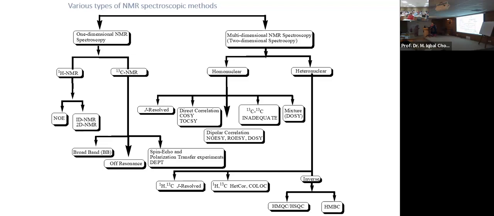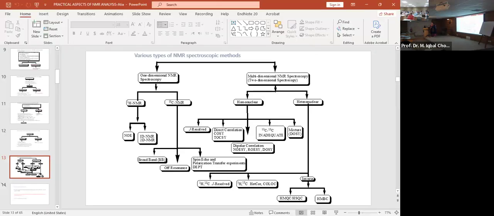On average, you need at least 3 to 4 milligrams available for a good proton and C13 spectrum, because all these instruments are the most upgraded ones.